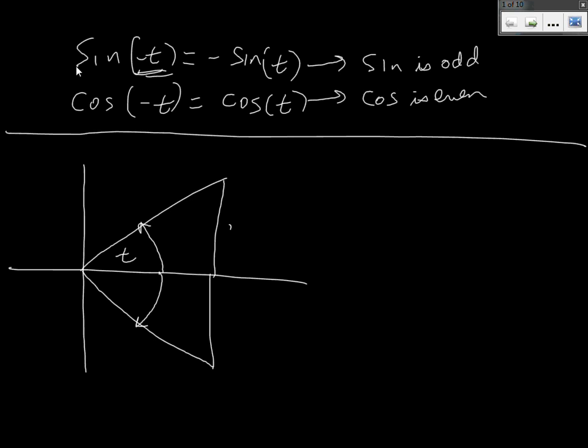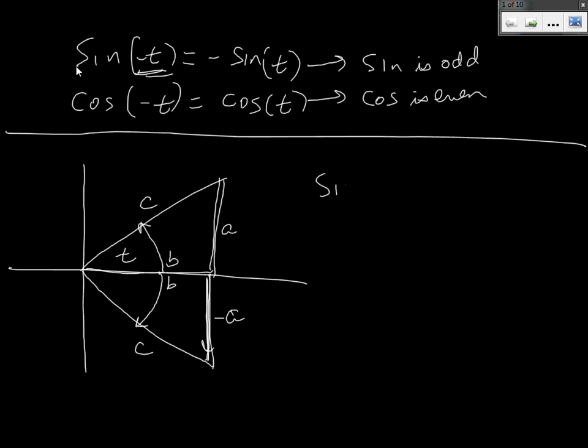So if this is a, b, and c, that's in the top triangle. In the lower triangle, that's still going to be b and c, but this is going down now. This was going up, this is going down. They're going to differ by signs.